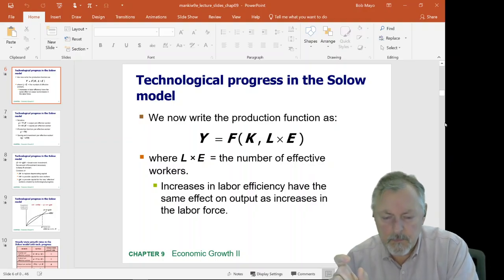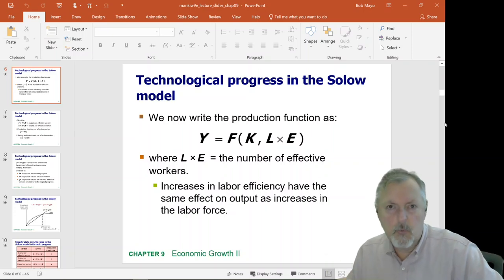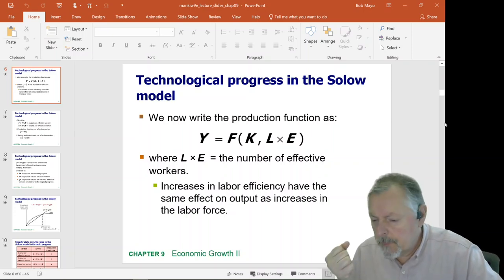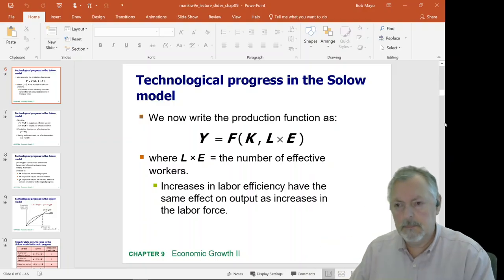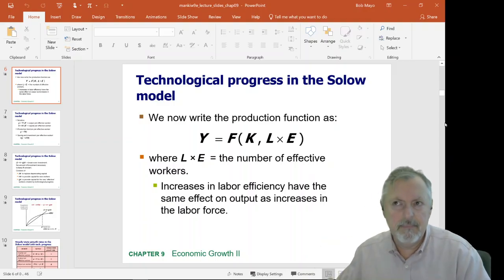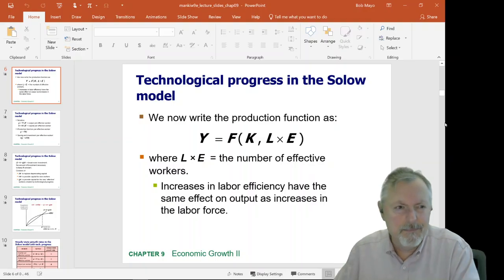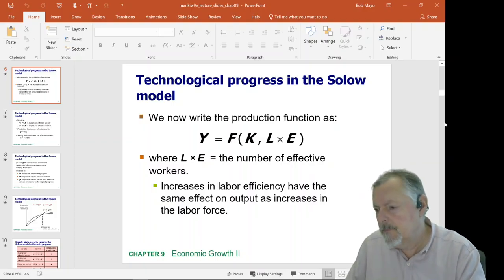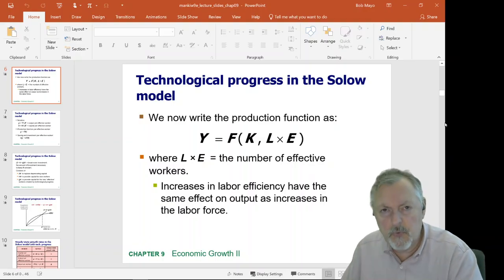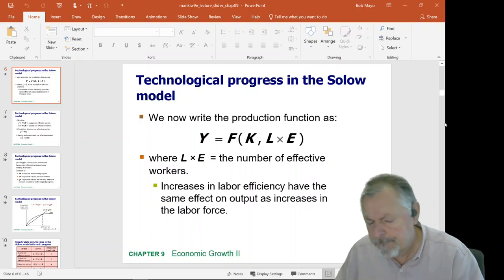If you double the number of workers, but everything about the workers stays the same, well, that's double the labor power, in a sense. Double what they can do, the output they can create, because you have twice as many.